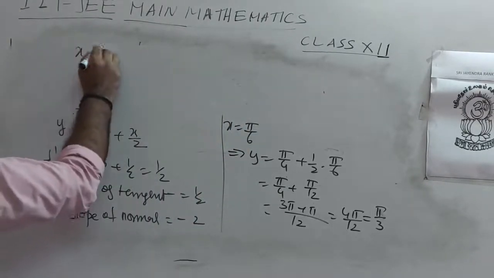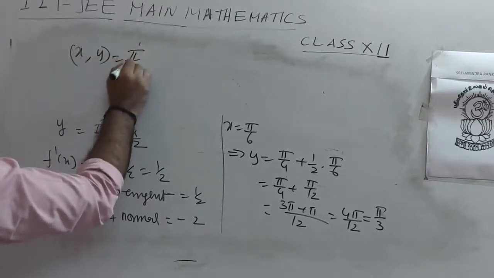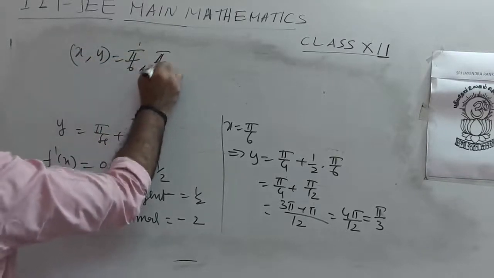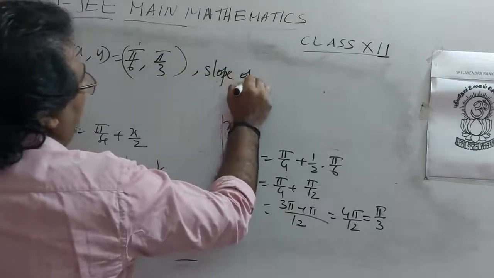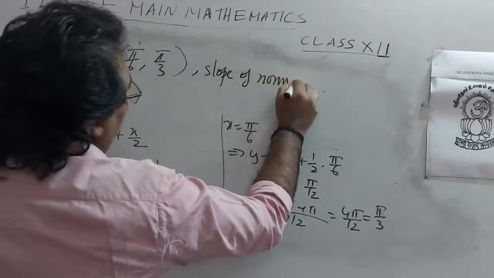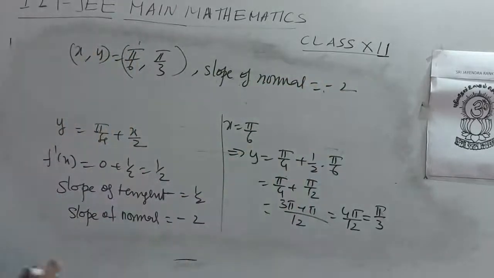So (x, y) equal to (pi by 6, pi by 3). Slope of normal minus 2.